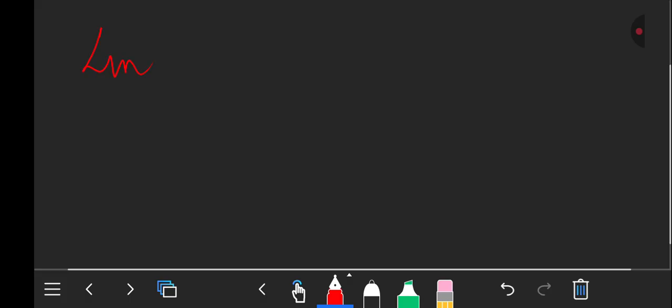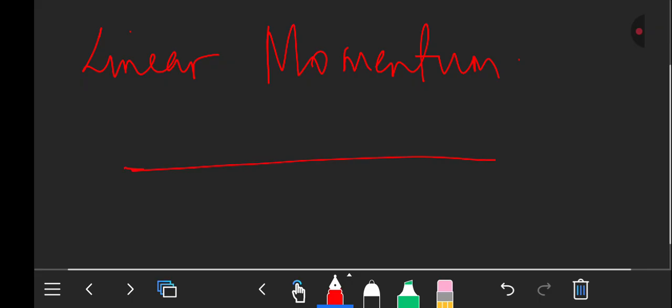So we are looking at linear momentum. We need to understand what linear momentum is. Linear, we're talking about a straight line.